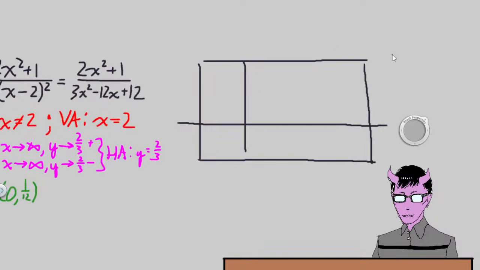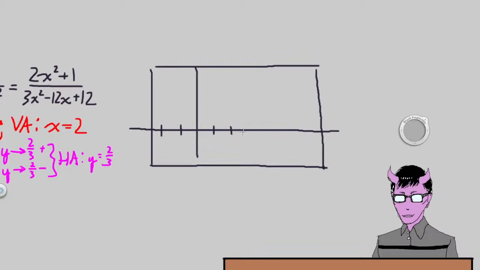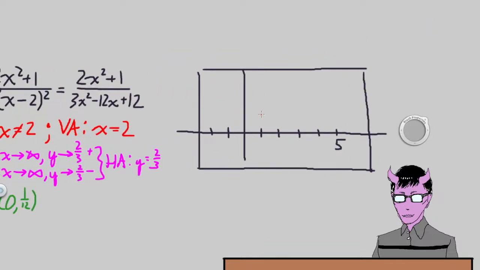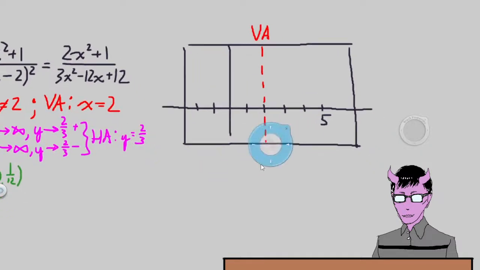Okay. So 1, 2, -1, -2. 3, 4, 5. Vertical asymptote is at x is equal to +1. So I'm sorry, +2. Why did I say 1? So this is VA1. That's the only VA.